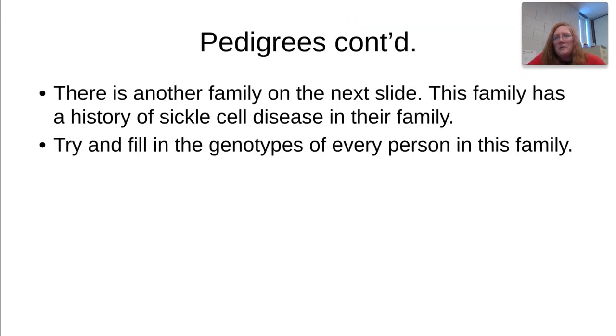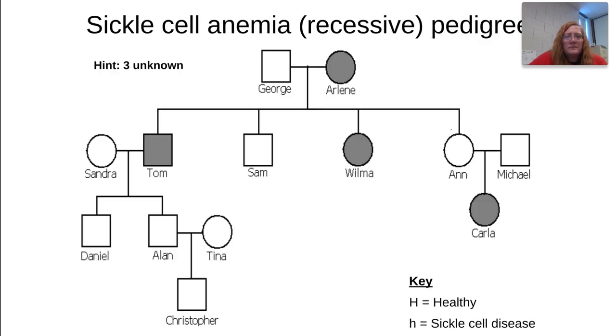Okay, so now we're going to do one for sickle cell. Yes, you have one for sickle cell as well. Okay. So this is the sickle cell recessive traits. I've got the entire group already there for you. And there are 3 that are unknown. I'm going to let you work all the way through that.